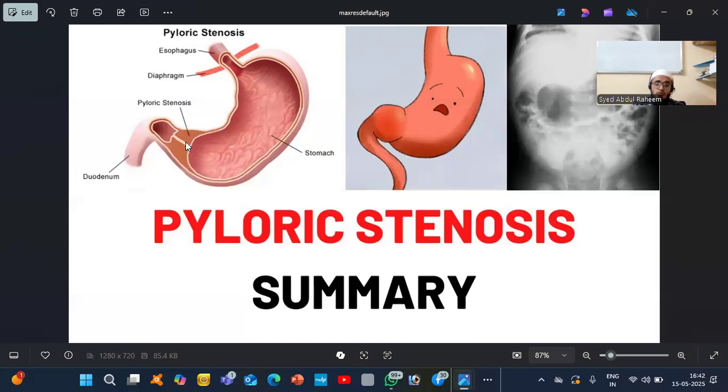So how do you notice that? There are simple symptoms like non-bilious vomiting. The food that we eat comes back outside. And if you do the scan, upper GI endoscopy is the investigation of choice. If you check the pyloric stenosis, the length is 16 mm and the breadth is 4 mm.